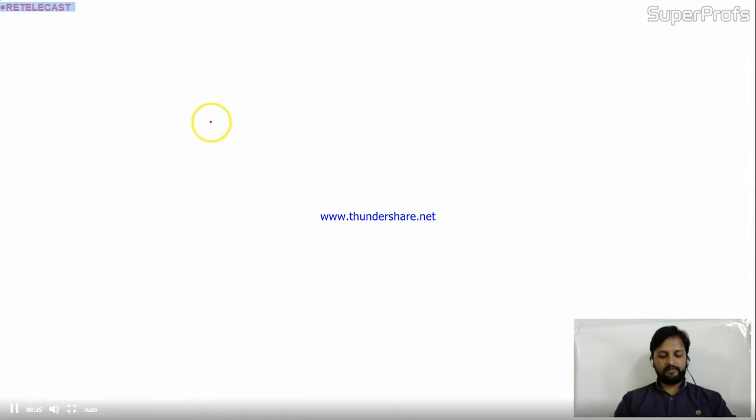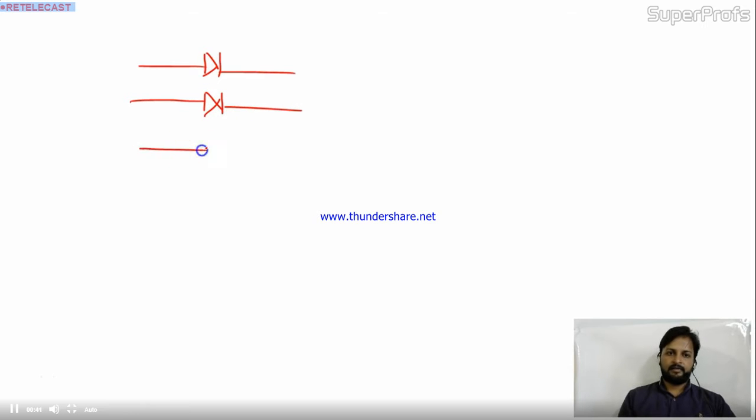The question is given. Let me take it for a minute. The question is given as you have diode circuits like this, they are connected. These are the three diodes. Let's take D1, D2 and D3.